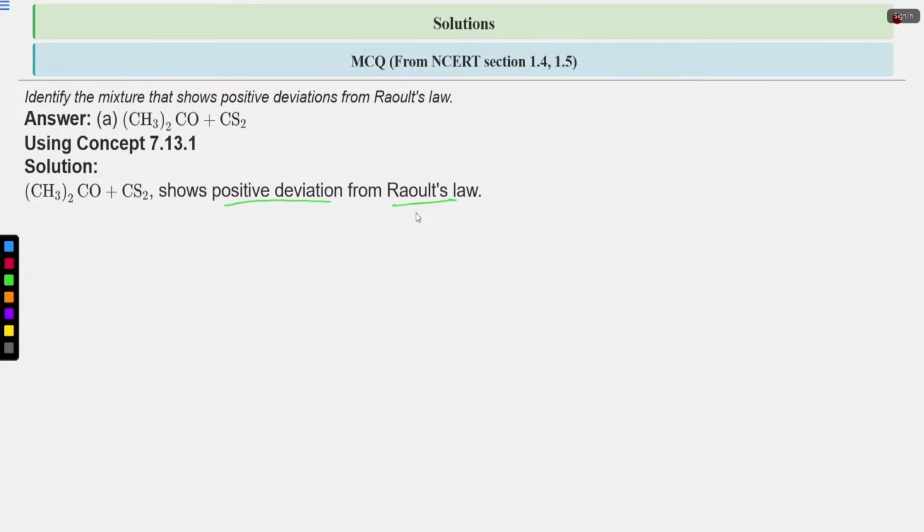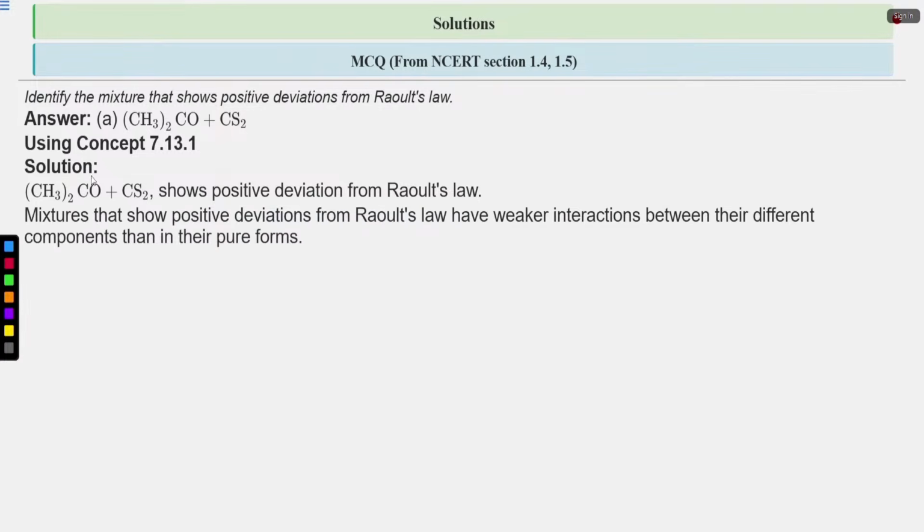Now it has some reason behind it. The mixture that shows positive deviation from Raoult's law will have weaker interactions between its different components than in their pure forms. What does that mean? If you have a mixture, again we are supposing that we have two components, 1 and 2, you mix them and they become a mixture, let's say 12.